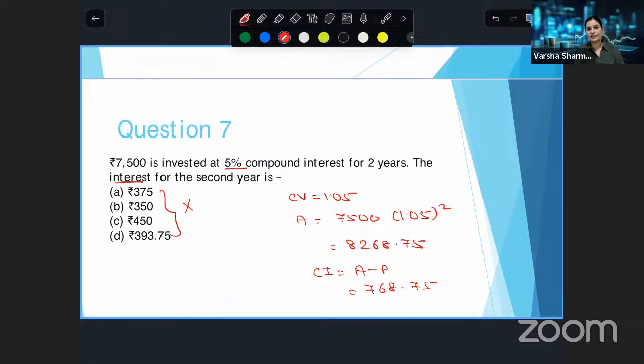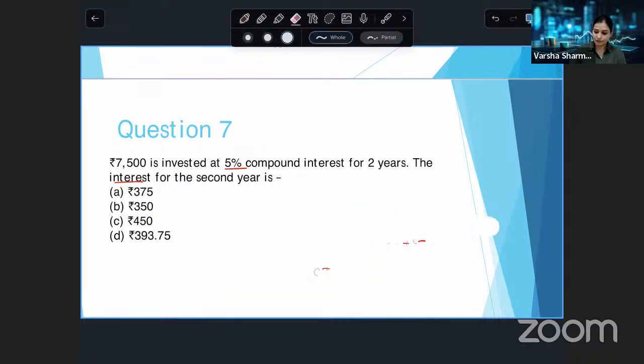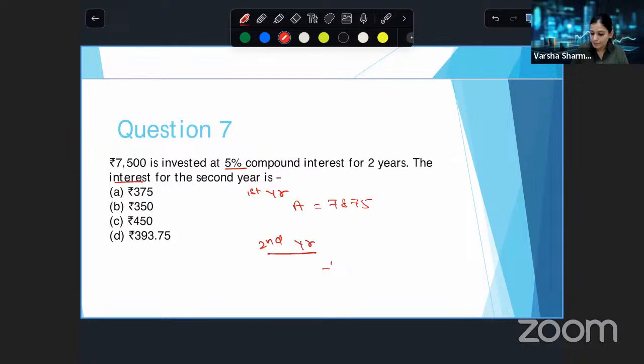Read the question again. Options are not wrong. For the second year, not for 2 years. So the concept, the entire way is: for the first year, what will be the amount? 7,500 into 1.05. For the first year, the amount becomes 7,875. So for the second year, principal is 7,875.